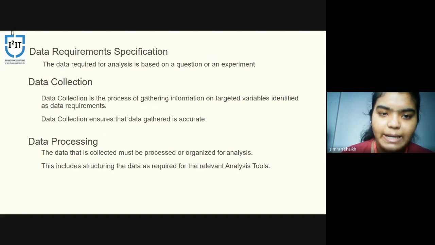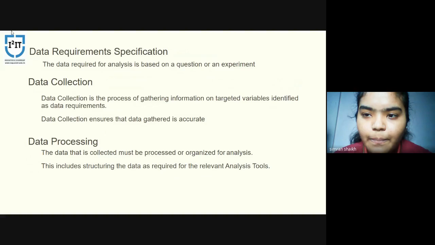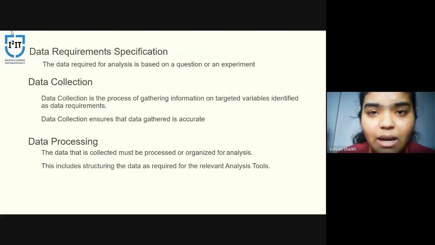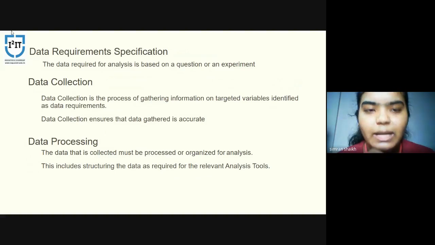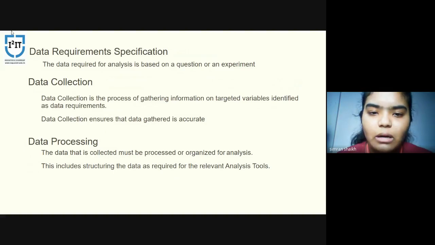Now data collection. Data collection is a process of gathering all the information on a targeted variable that is identified. Now the code that I explained to you, what the data frame is doing, data frame is gathering all the information on a targeted variable, df. All right. The data collection ensures that the data gathered is accurate.